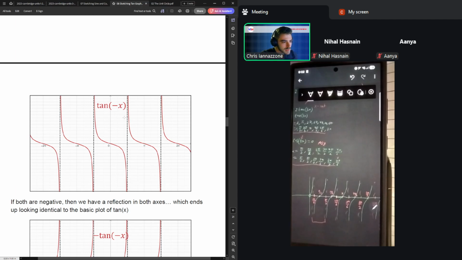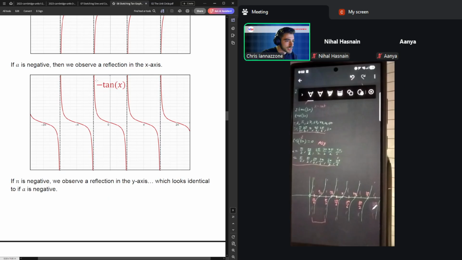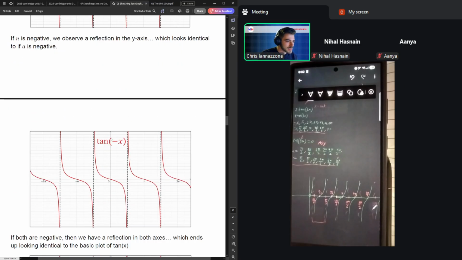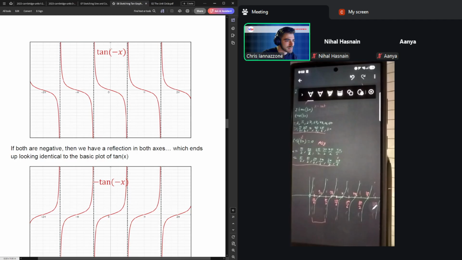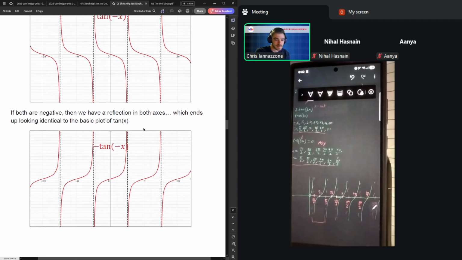And one of the things about odd functions is that reflections in the x-axis are the same as reflections in the, sorry, other way around. No, that was right. Yeah, a reflection in the x-axis is the same as a reflection in the y-axis. So essentially, wherever you put this negative, you're going to get the same behavior.